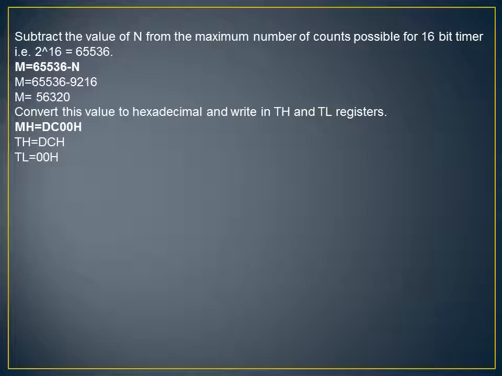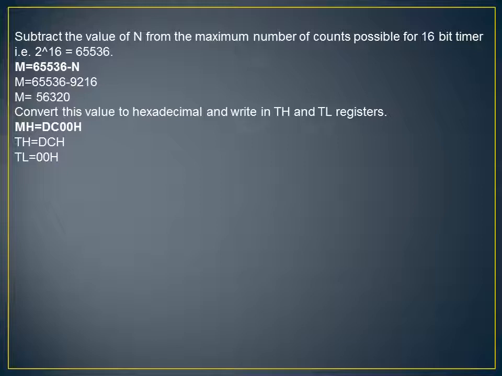Then subtract the value of n from the maximum number of counts possible for a 16-bit timer, that is 2 raised to 16, which is equal to 65536. So m is equal to 65536 minus n. So 65536 minus 9216, we get 56320. This is the value of m.